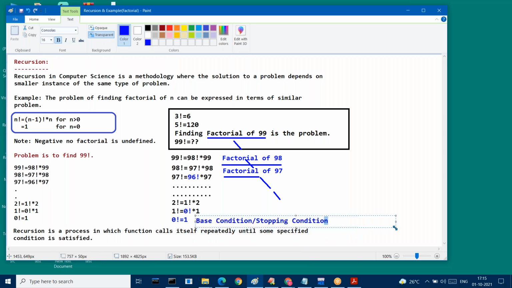So what is the base condition? Suppose someone is asking, you have to tell: the base condition is such a condition for which the function will not call itself.